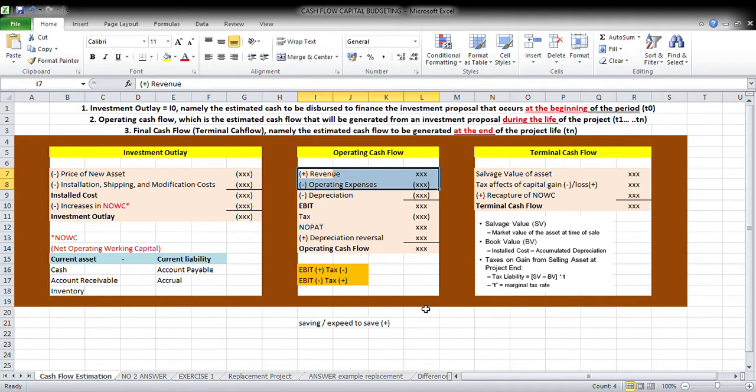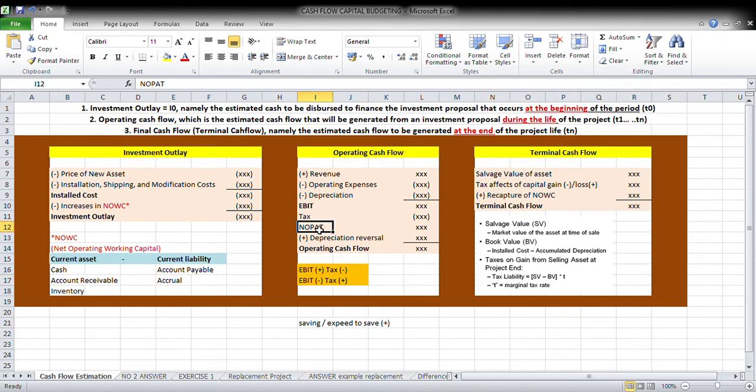From the revenue and the operating expenses, we get the net profit. The next is minus depreciation, and then we get EBIT, or earnings before interest and tax, and then the next is minus the tax. So look at this: if EBIT is plus, the tax is minus. If EBIT is minus, the tax is plus. So they are related between EBIT and the tax.